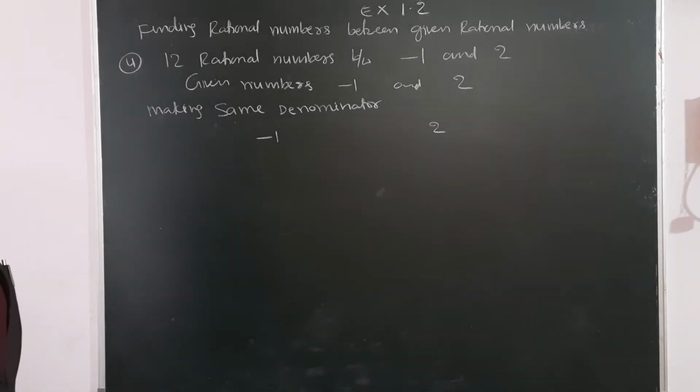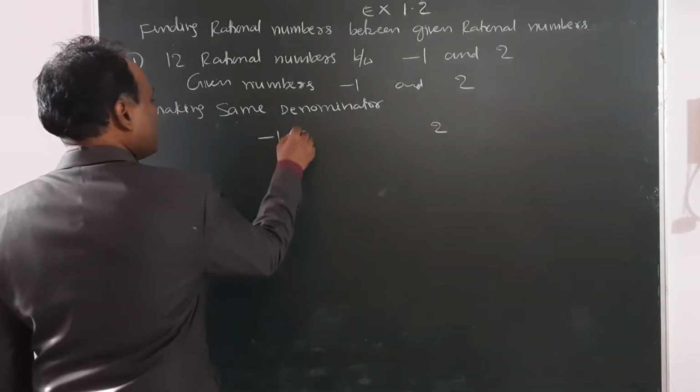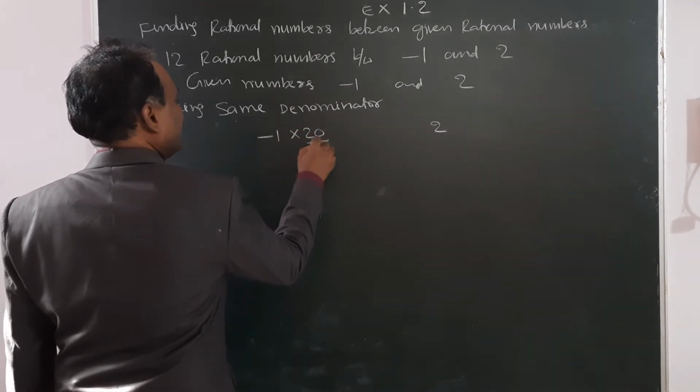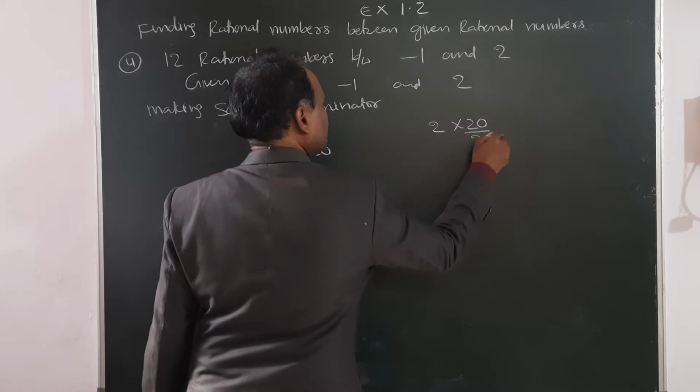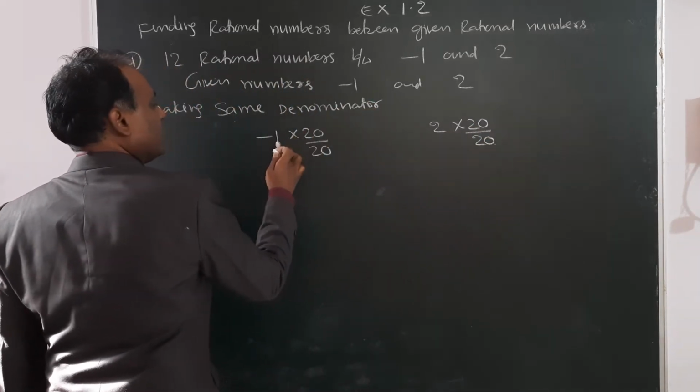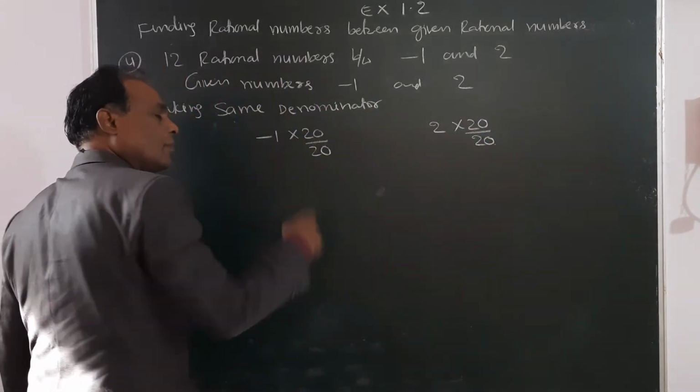Any number, I will multiply and divide with 20. Here also I will multiply numerator and denominator with 20. This -1 is given, I am multiplying the numerator and denominator with 20.